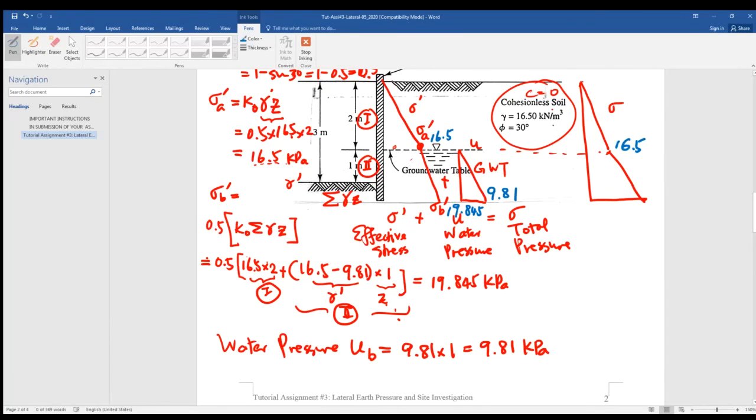And what's the total stress at the bottom? 19.85 plus 9.81 gives you 29.66.